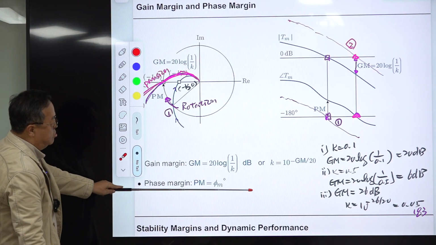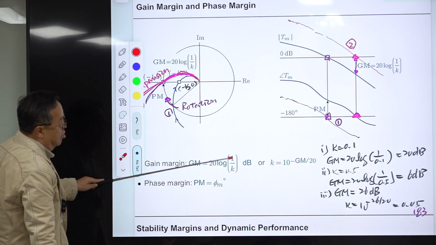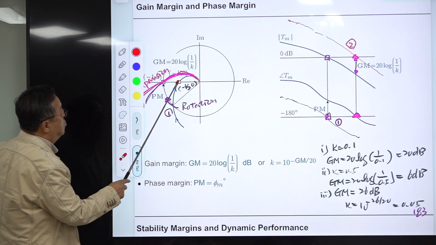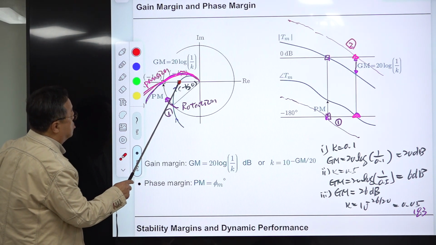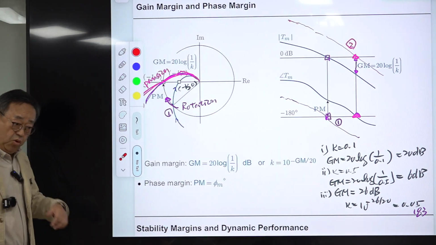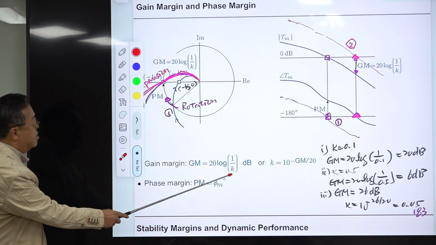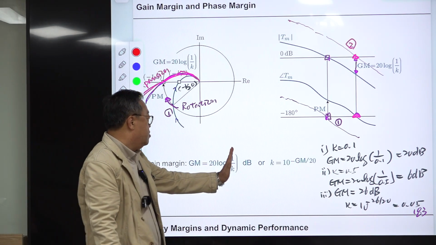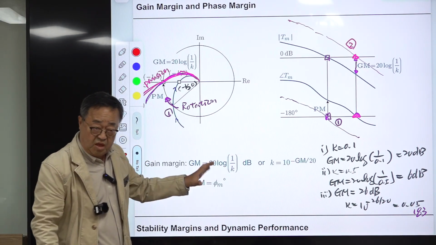So this is obvious, and the gain margin is this one, 20 log 1 divided by k. K is the coordinate of this square, which is minus k, comma 0. So k is smaller than 1 by definition. If you use k instead of 1 over k, then this becomes a negative number.